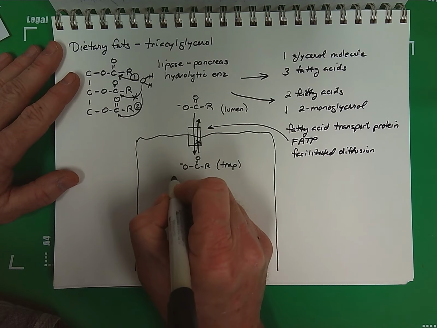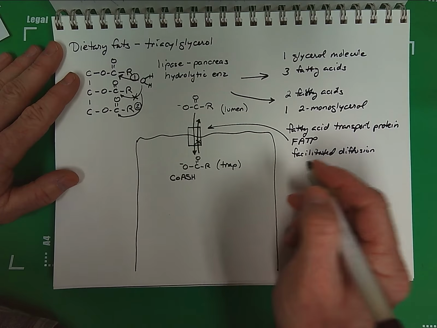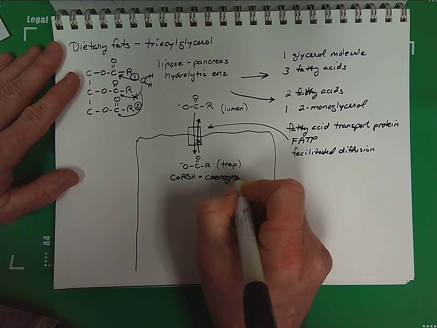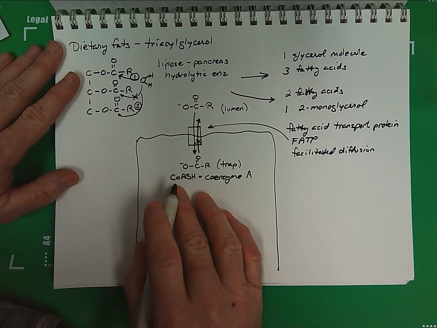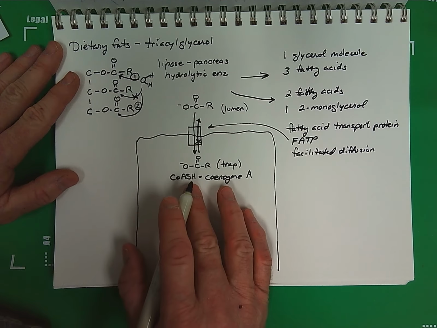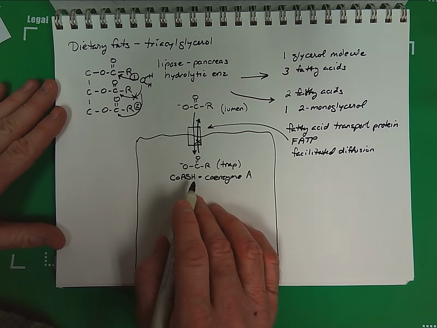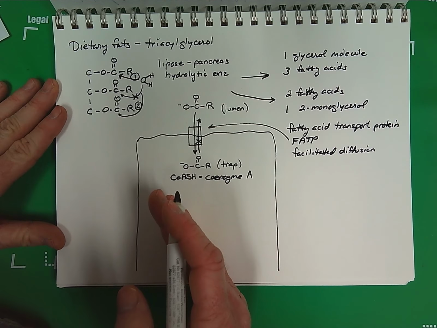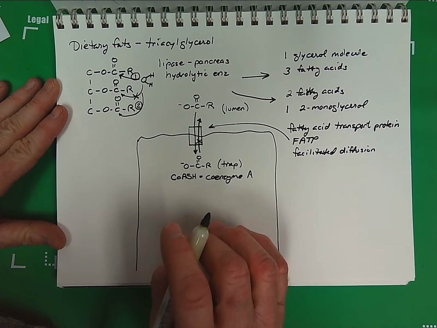So the way we're going to do that is we're going to add a coenzyme A. We abbreviate it CoASH for coenzyme A. This is a molecular component that we're going to be looking at a lot. It is conjugated through this sulfur residue, and this is used to prepare molecules for next steps in biochemical reactions, and also to modify structures so that they can participate in a one-way direction.